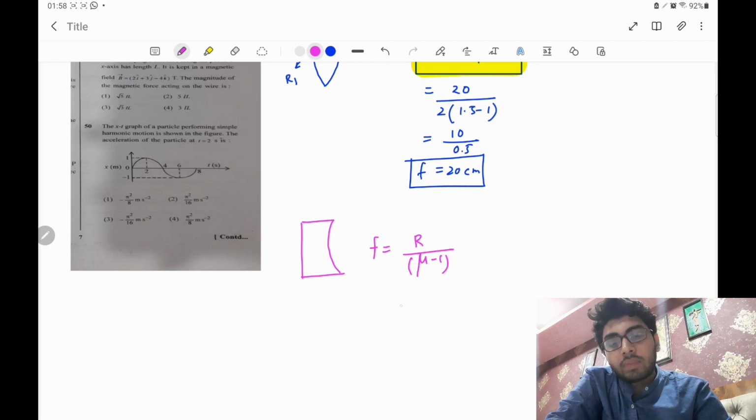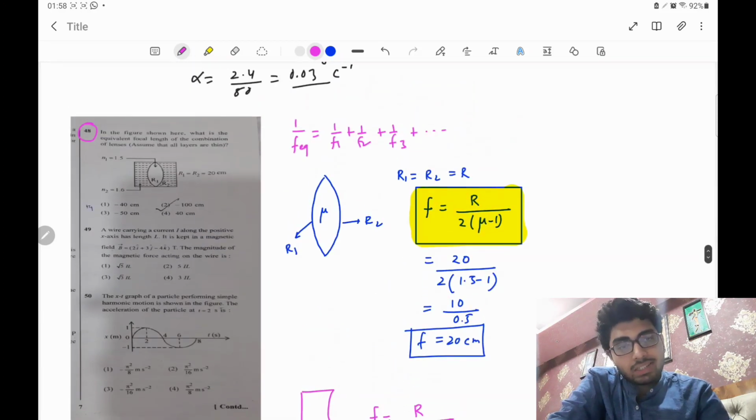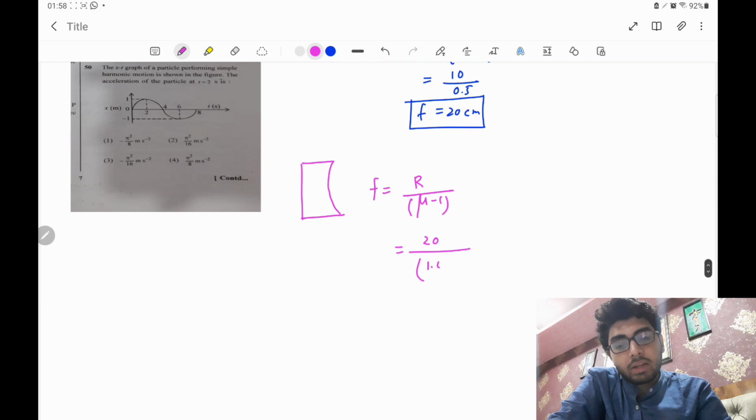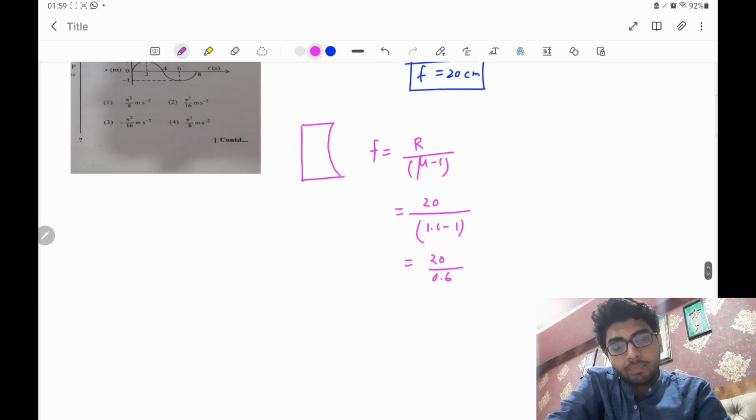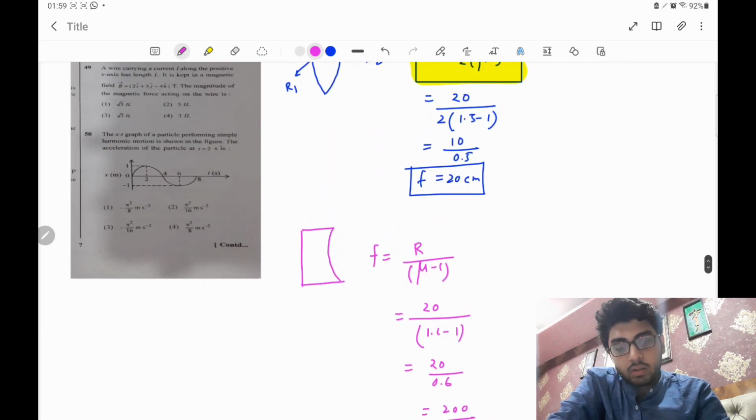R is also 20 here, and mu is 1.6, it is given. So 1.6 minus 1, and it comes out to be 20 by 0.6, which is 200 by 6 or 100 by 3 centimeter. This is the f2, and that was the f1, okay.